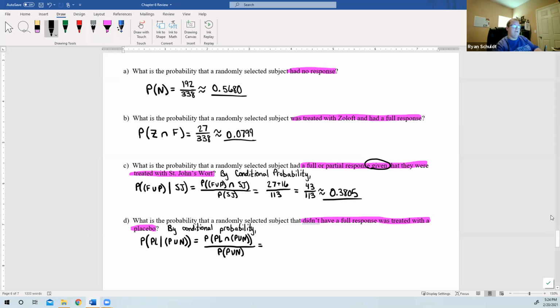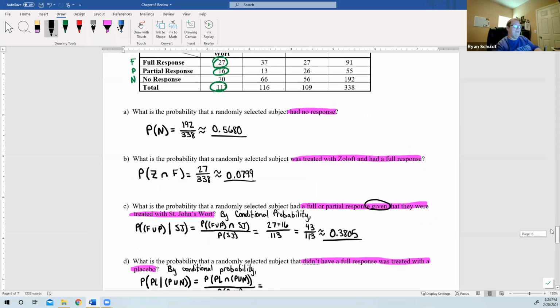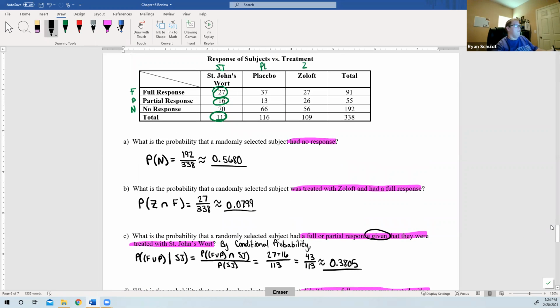Okay, so let's see here. Placebo and partial or none.